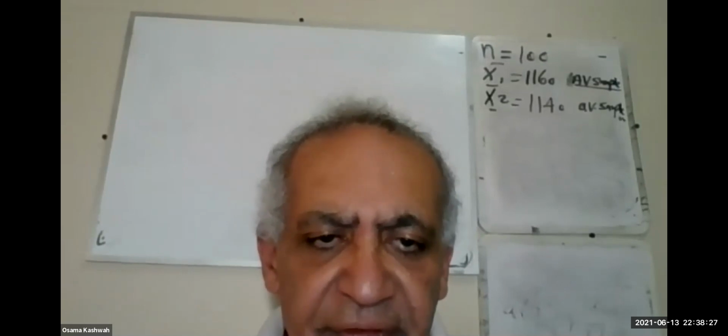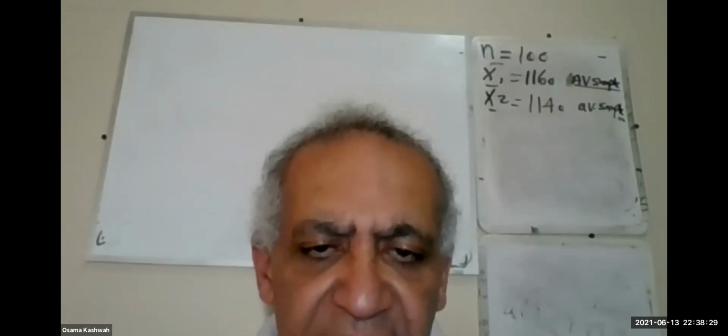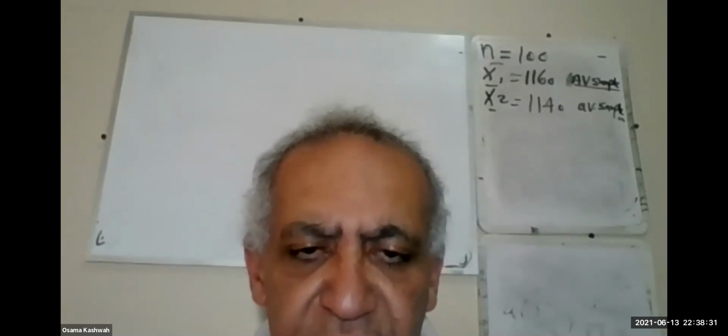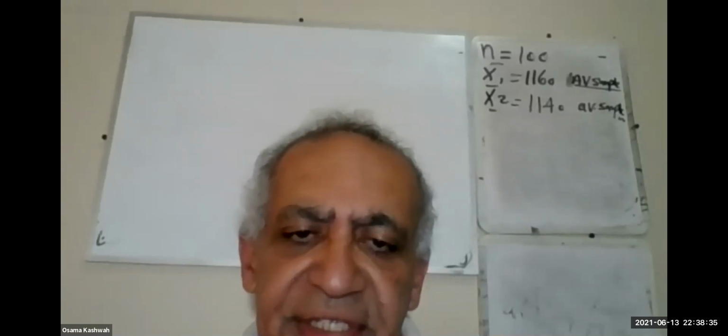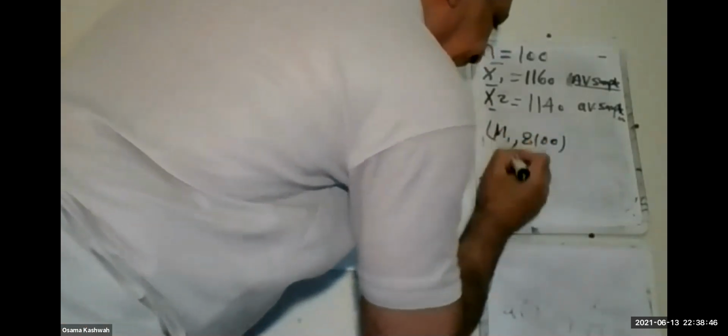The life of the bulb is a random variable with a distribution of mu1 and 8100. This means mu1 and sigma square. Sigma 1 square means like this.